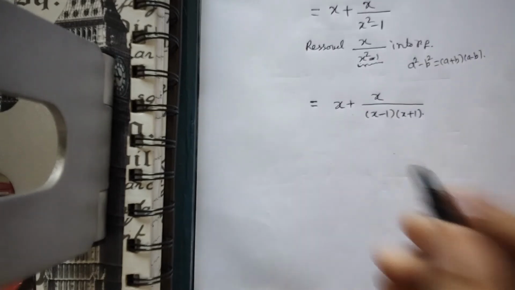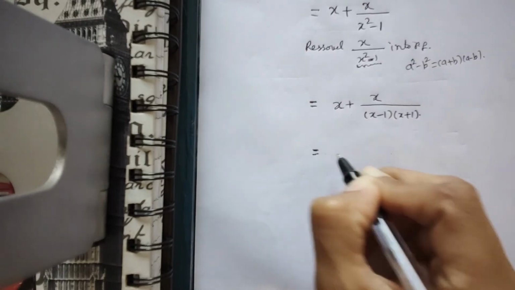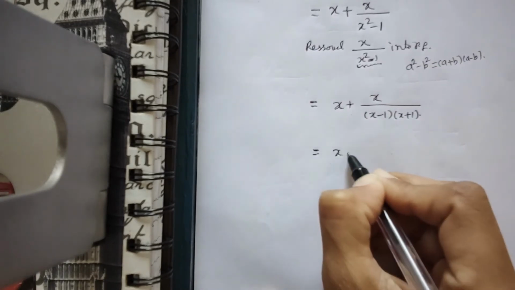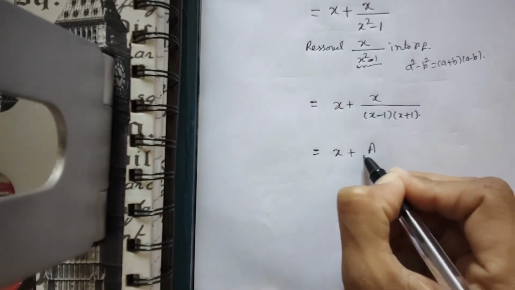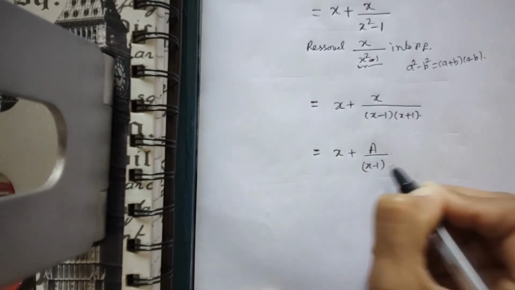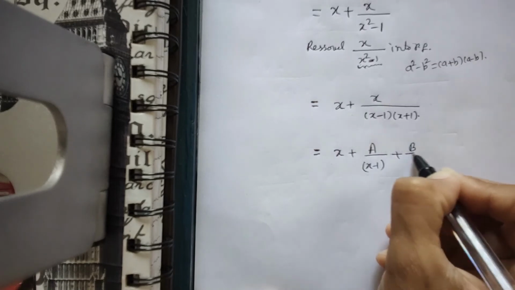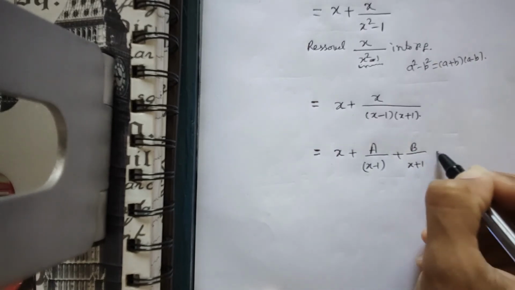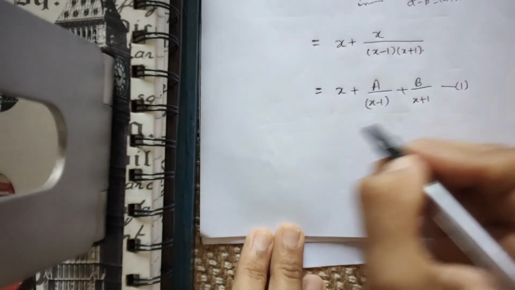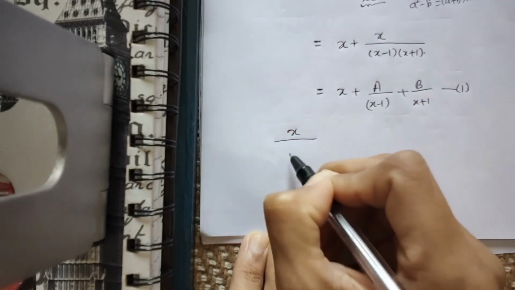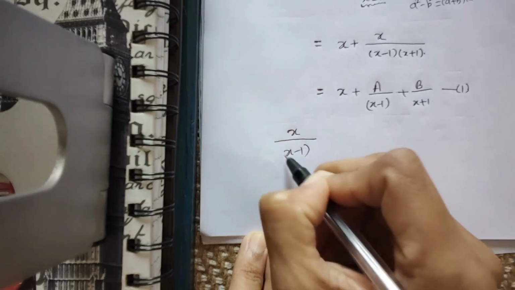Okay, so this will be x plus a upon x minus 1 plus b upon x plus 1. Give it equation 1. Okay, and just simplify the equation.